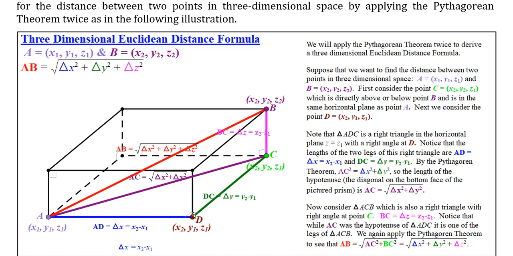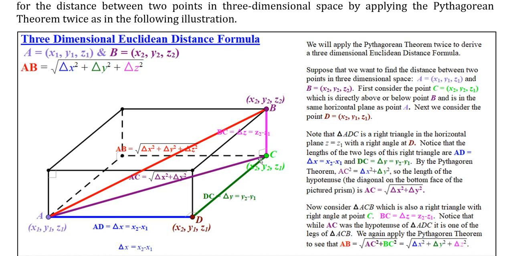Well, if you look at this on the bottom, this is actually a right angle here at D. On the floor or bottom of this rectangle, we go the blue distance this way, the green distance this way. Those are both legs of a right triangle where the hypotenuse is this purple piece here from A to C. So by the Pythagorean theorem, that's the square root of delta x squared plus delta y squared.